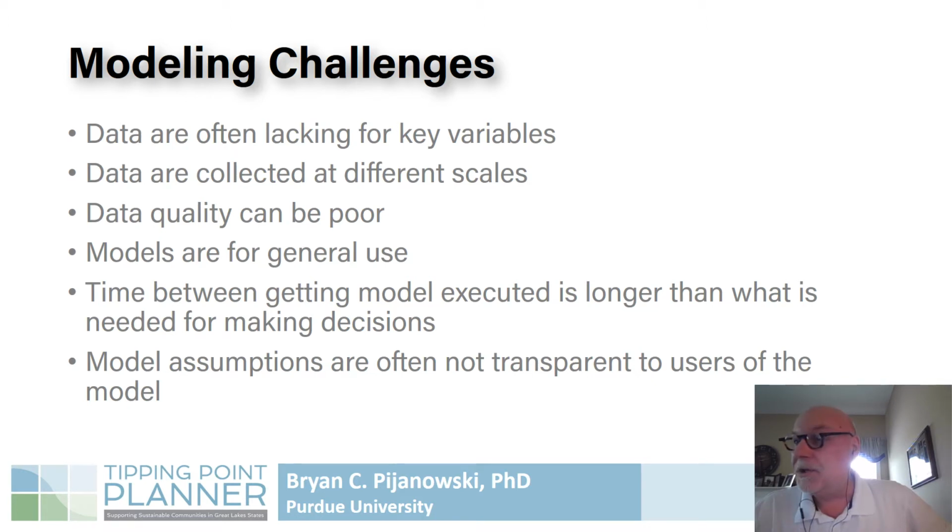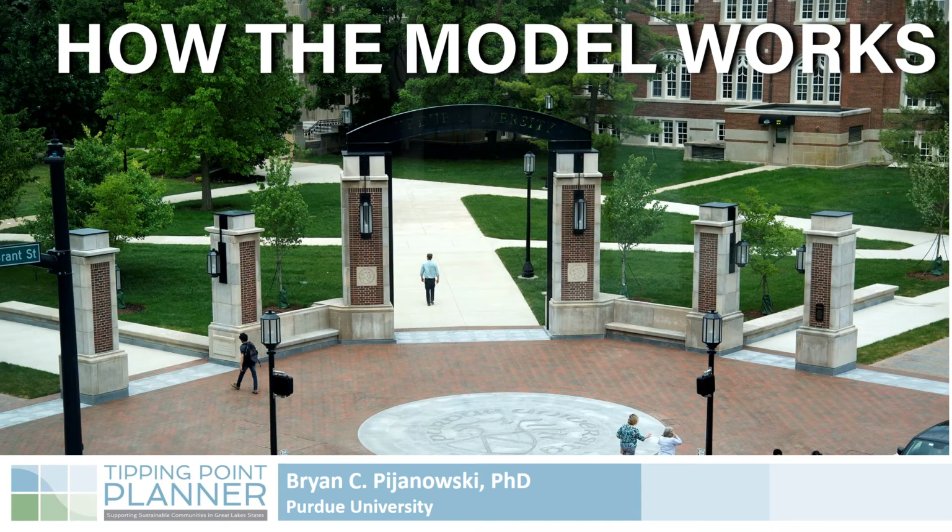Models are oftentimes for general use, and many times we need to use models for very, very specific purposes. The time it takes to get a model together can be a long, long time, sometimes years, and oftentimes you need to make a decision that afternoon. And then finally, model assumptions are not often very transparent to users of the model, so modelers have to do a much better job at describing what those assumptions are.